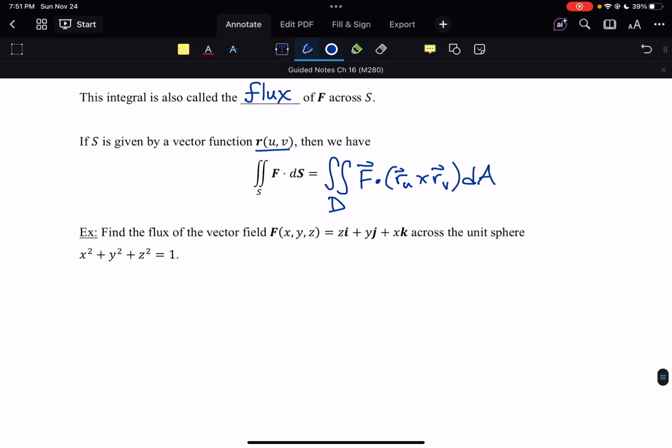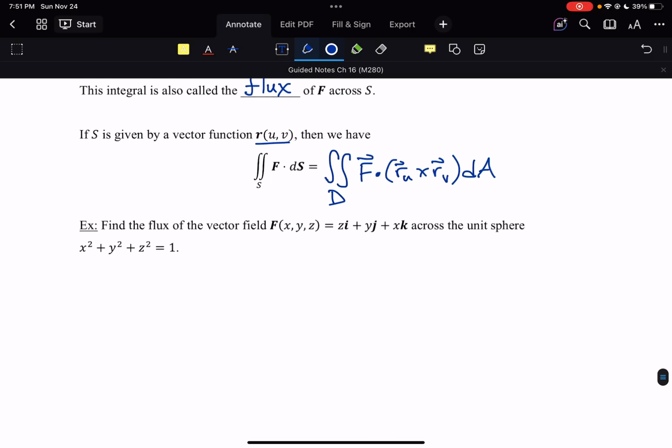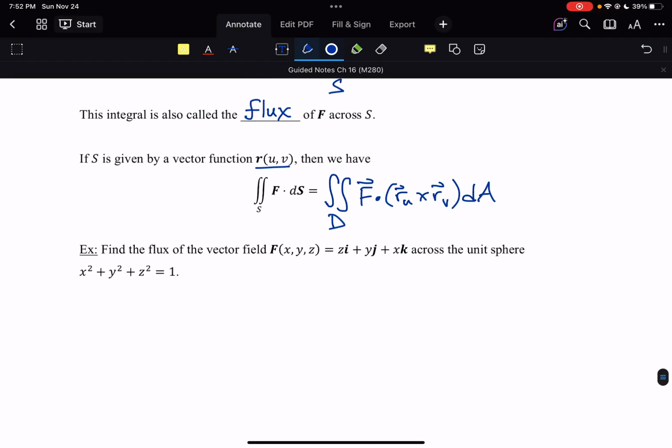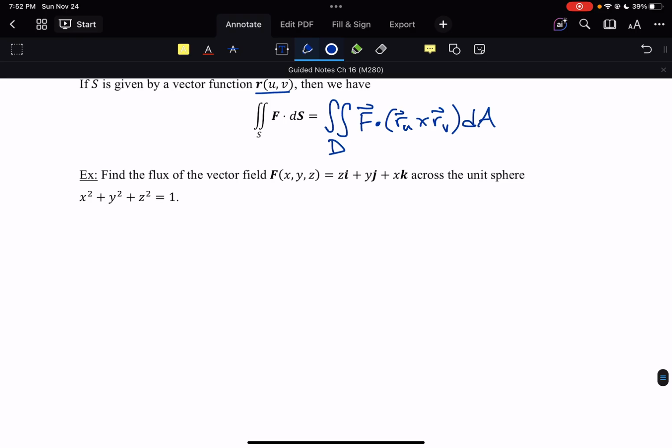So find the flux of the vector field across the unit sphere. So anytime it's asking for the flux, it's just asking for the evaluation of the surface integral over the vector field. We're working with the unit sphere here again. So we have already parameterized this.